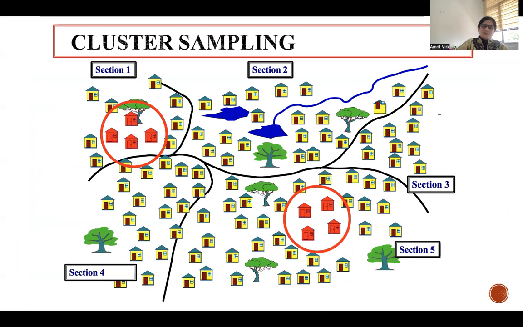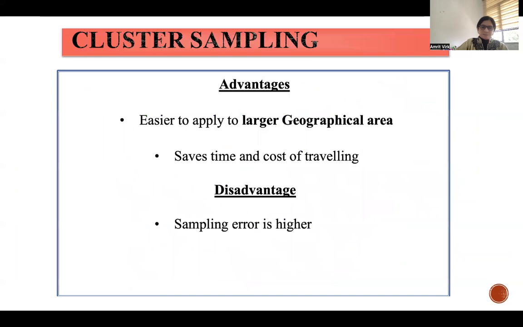First, we select a random number which is less than or equal to the sampling interval, having the same number of digits. This forms the first cluster. Then the random number plus the sampling interval gives us the population of the second cluster. The second cluster plus the sampling interval gives us the population of the third cluster, and so on. So this is how cluster sampling is done.